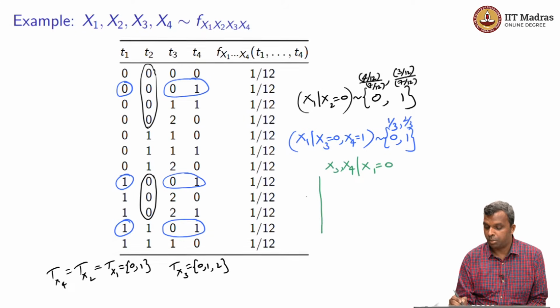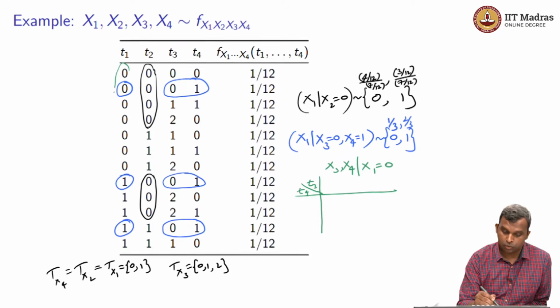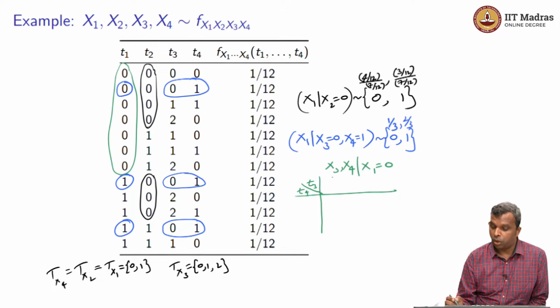So I'll have a table of possibilities here. So I should put x3 here and x4 here. Okay. Now given x1 is 0 is all of these guys. And if I want to look at x3, x4, I have x3 taking values 0, 1, 2. I have x4 taking values 0, 1. So x3 is 0, 1, 2 and x4 is 0, 1.